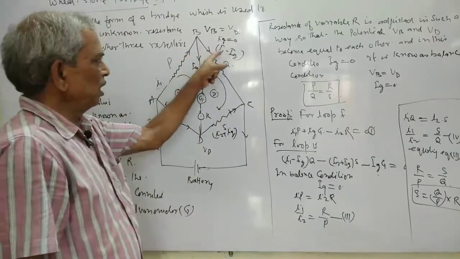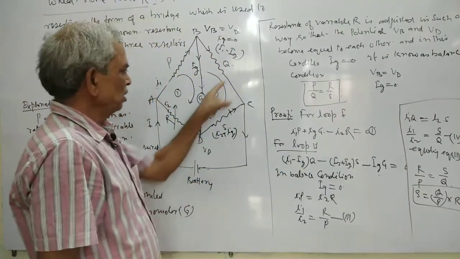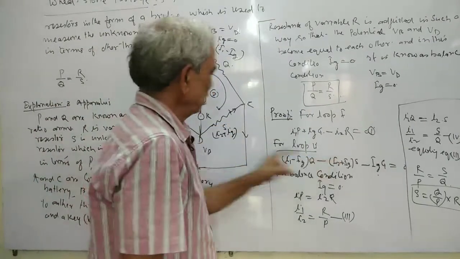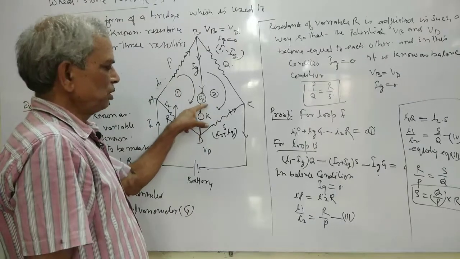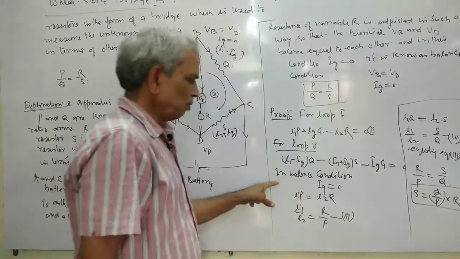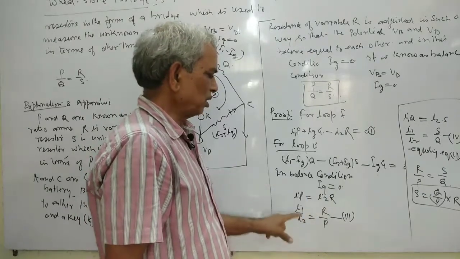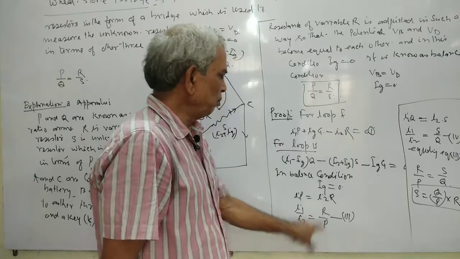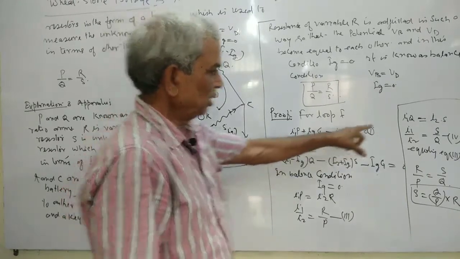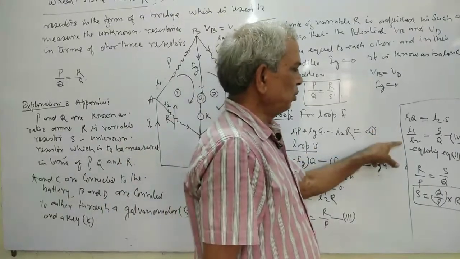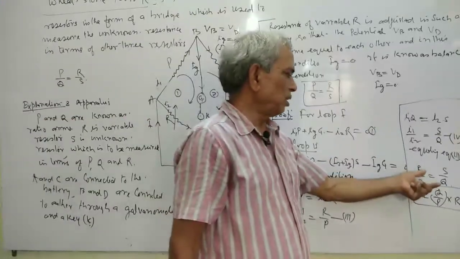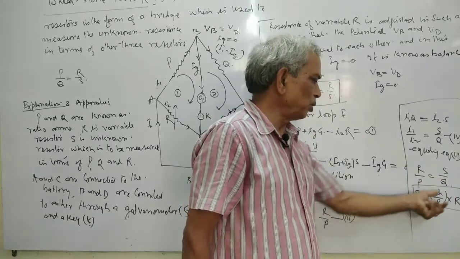Similarly, in this case, I1 minus Ig into Q minus I2 plus Ig into S minus, this is also against, Ig into G. In balance condition, Ig equal to 0, then remaining I1P equal to I2R, or I1 upon I2 is R upon P. Similarly, for loop second, I1 upon I2 equal to S upon Q. 3 and 4 are compared to each other and we get the relation R upon P equals S upon Q, or S equal to Q upon P into R.